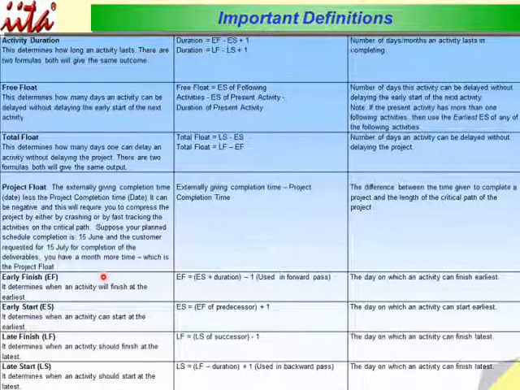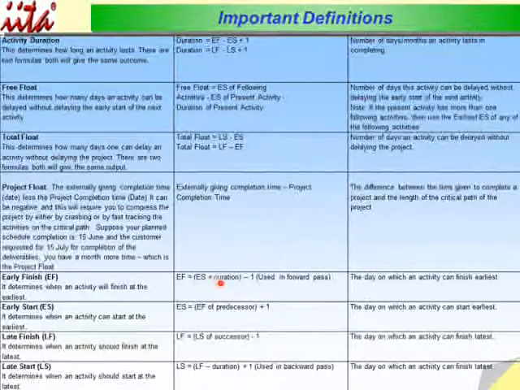Let's define more terms. The early finish determines when an activity will finish at the earliest, and the formula is EF, early finish, is equal to ES, early start, plus duration minus 1. It's also used for forward pass when you're doing your critical path analysis using the node method.